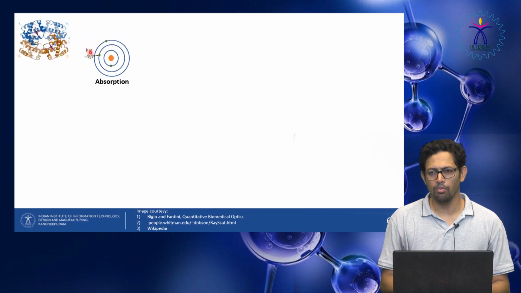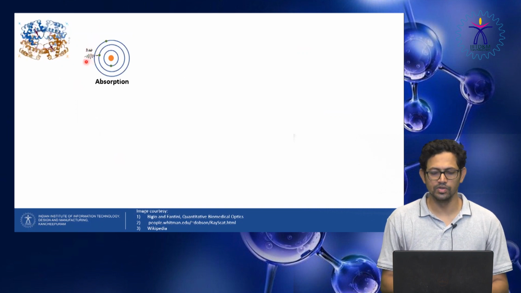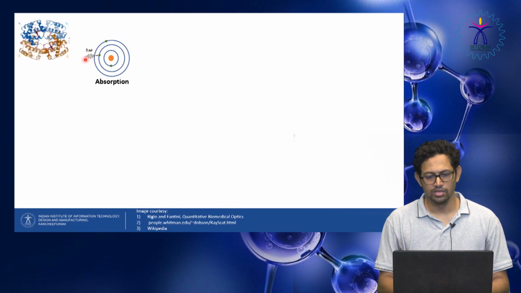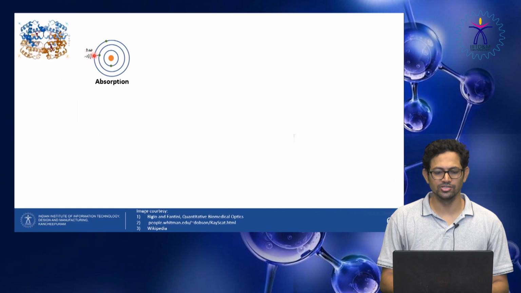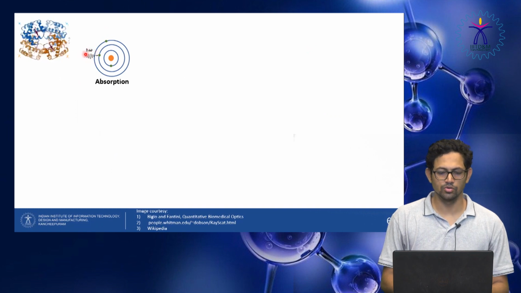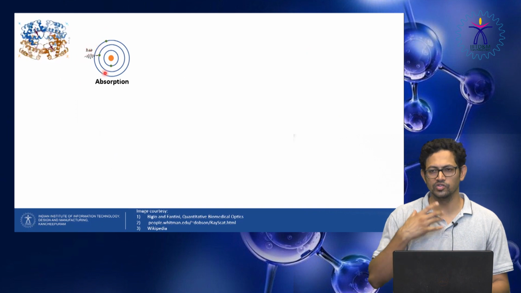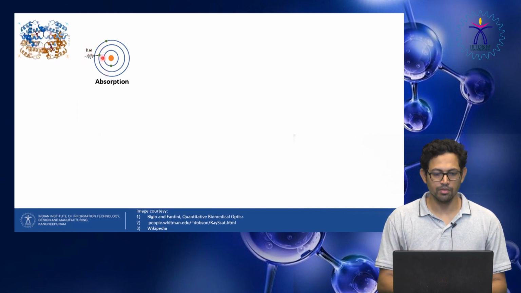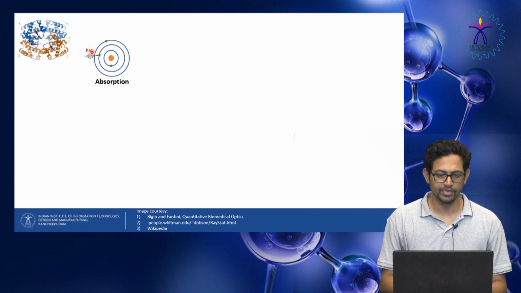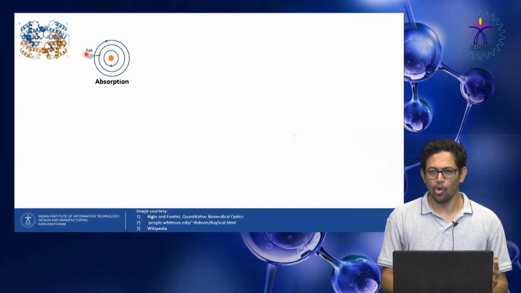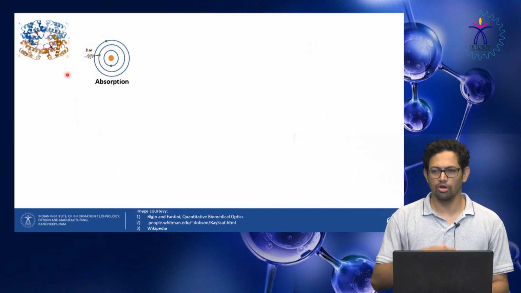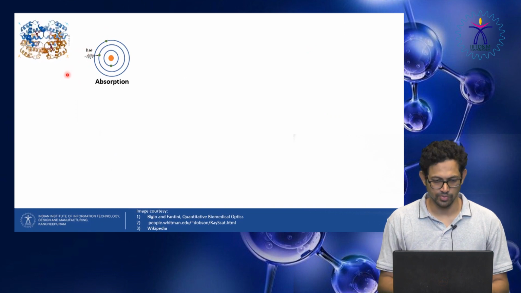When we talk about light, we talk about a photon, and a photon has a particular energy. This energy is going to be h cross omega, where h cross is the Planck's constant and omega is the frequency. So h cross omega is the amount of energy of the photon, and that is dependent upon the frequency. H cross is a constant value, right? We'll talk more about this at a later stage as well.